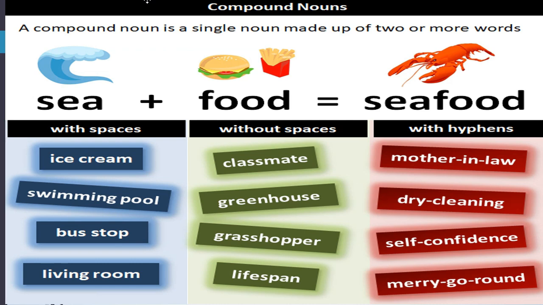They have different meanings, but when we combine them, they become another noun with one single meaning: seafood. It refers to something that lives in the sea and that we eat as food, like shrimp, oysters, crab, or something else.